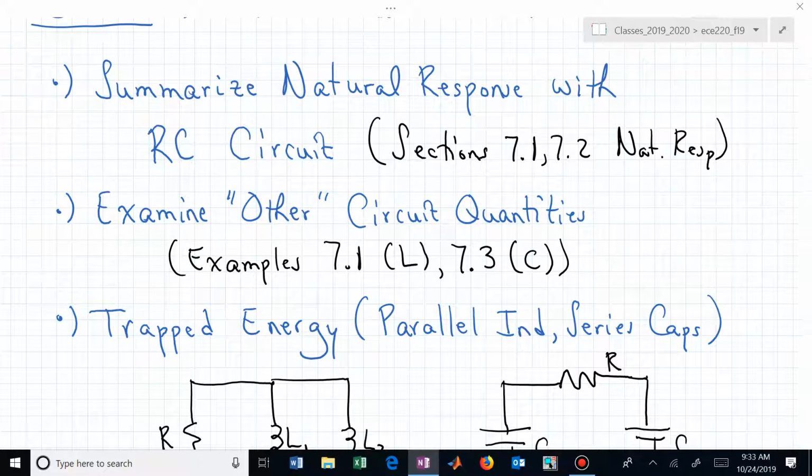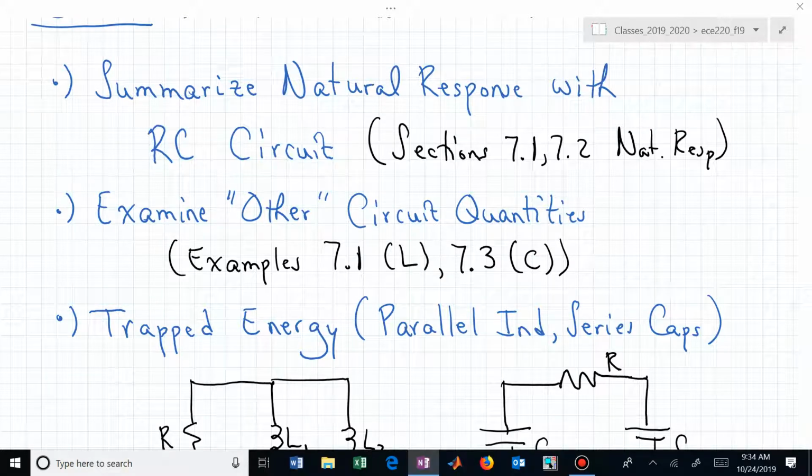Now for RC circuits, we'll just quickly go through and summarize working through RC circuits. If you're following along in the book, that's sections 1 and 2 in Chapter 7. That's dealing with natural responses. Then we will expand on that.